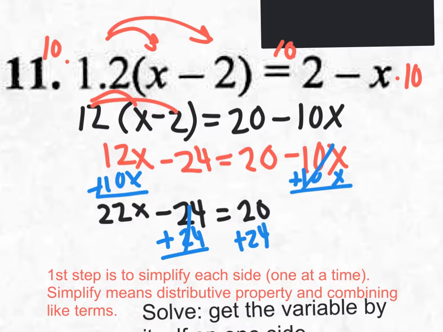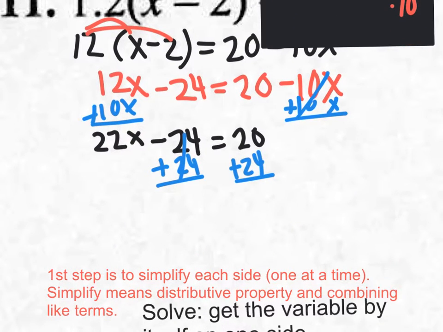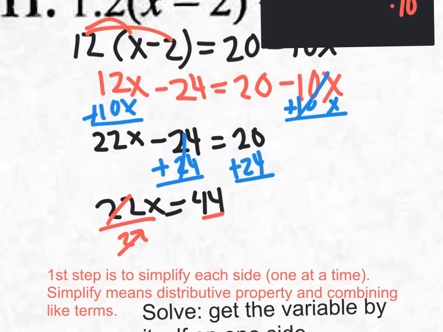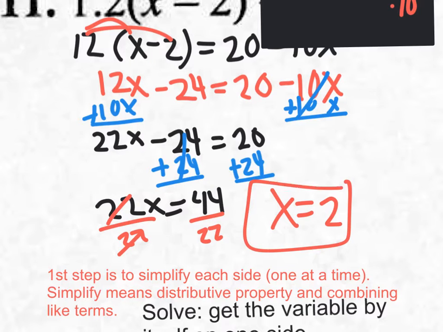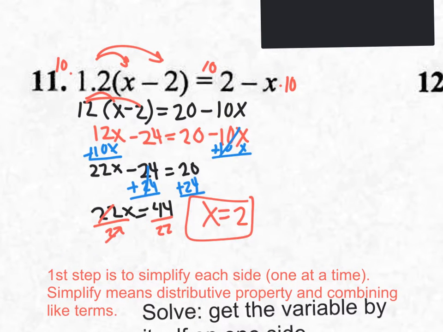Plus 24. We're going to have 22x equals 44. And if we were to divide by 22 to get the x by itself, we'll get x equals 2 as a final answer. By the way, all of your answers are posted on the back side of this worksheet.